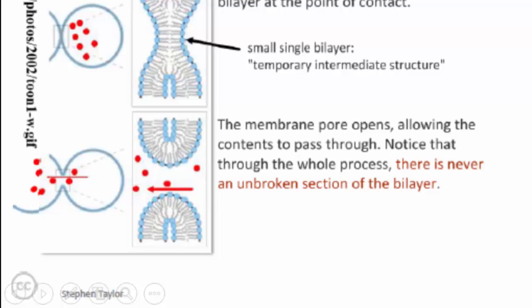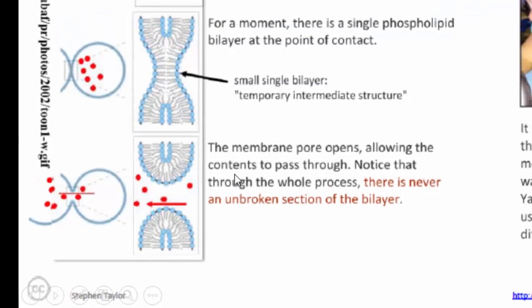Remember, though, throughout this whole process here, there is never an unbroken section of the bilayer. Okay, so even if you're looking at this zoomed in section here, it appears to be broken, but we need to look at the greater picture of these membranes here being connected. So this is almost one cell as those membranes are connected.